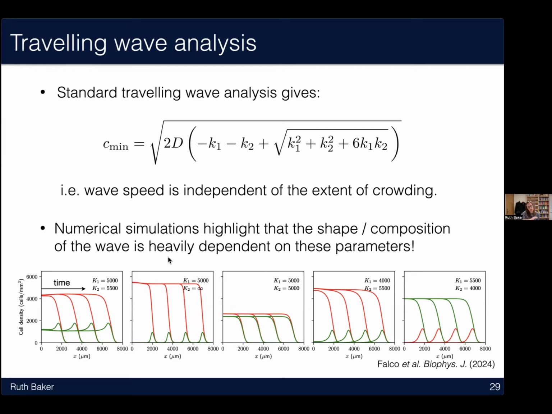And you can conduct a suite of numerical simulations, and they will show you that the profile of your invading wave in terms of cells in each portion of the cell cycle is very heavily dependent on these two crowding parameters, capital K1 and capital K2. That's all in the paper.